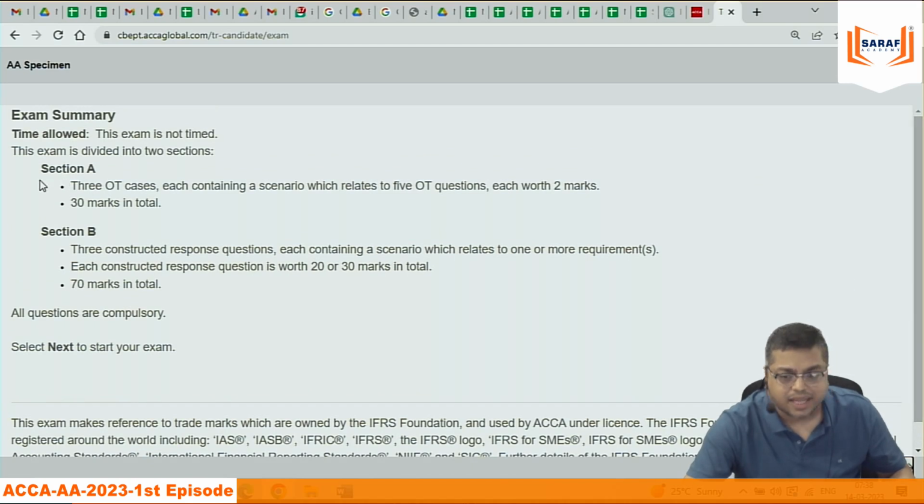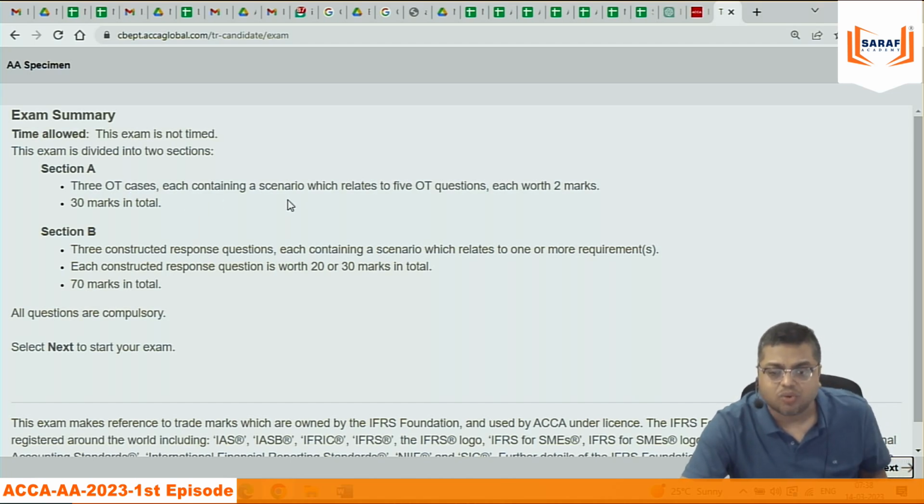Then they are saying that there are 2 parts of the paper, section A and section B. Section A has 3 OT cases, each containing a scenario related to 5 OT questions of 2 marks each, 30 marks.